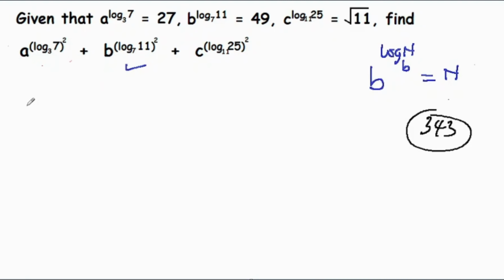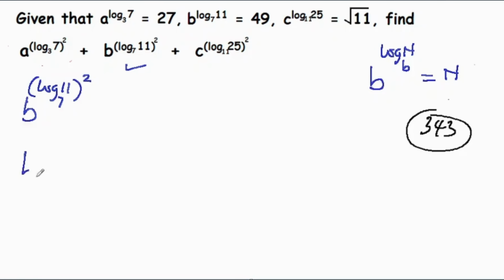So let's proceed to consider the second term. The second term is b raised to power log 11 base 7, everything in bracket, raised to power 2. Alright, so we split this one into 2 places.